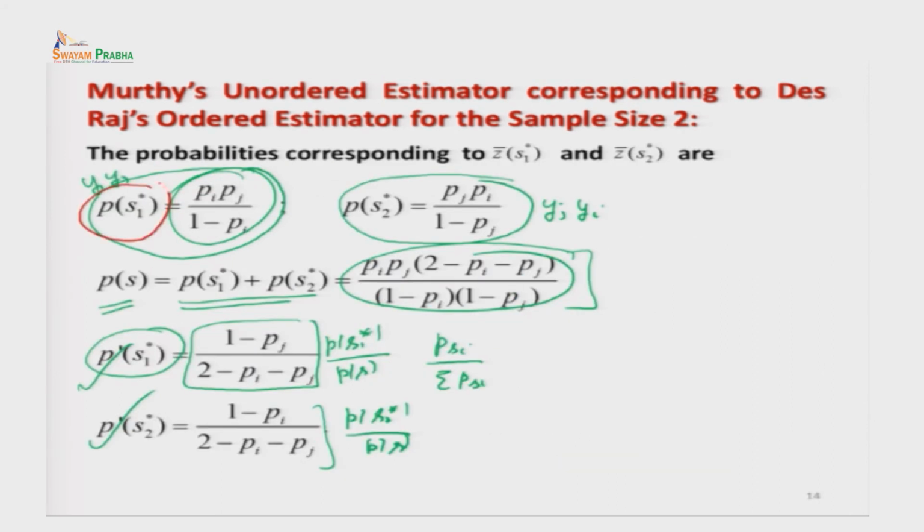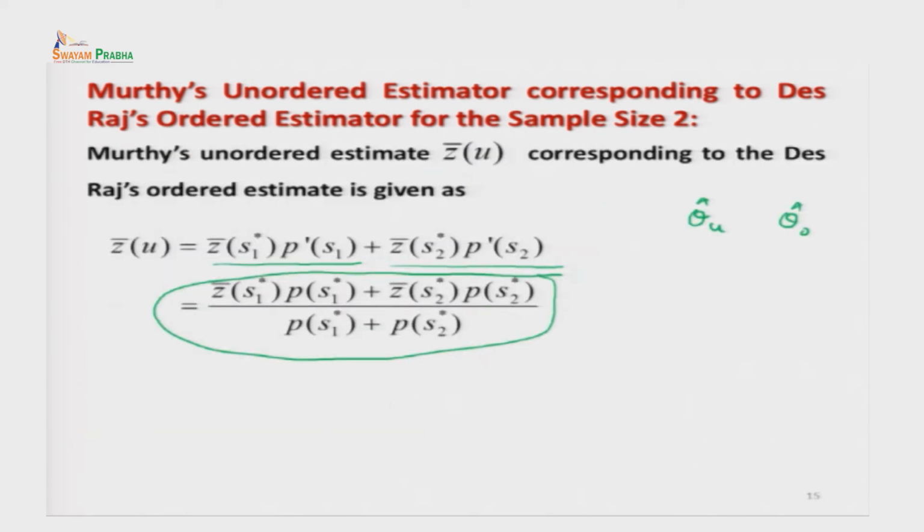PS1 star, PS2 star, or say P prime S1 star, P prime S2 star, and P are all given here. You simply substitute all these expressions and simplify it, and whatever you get is going to give you the form of Murthy's unordered estimator.